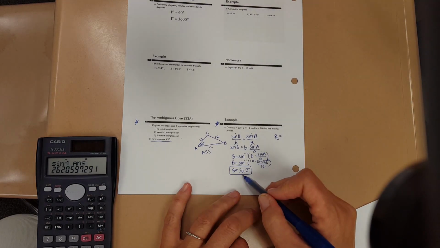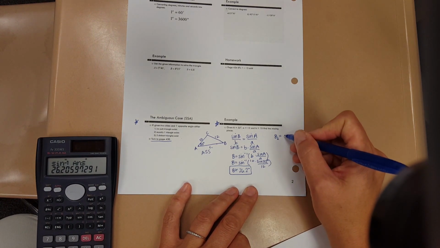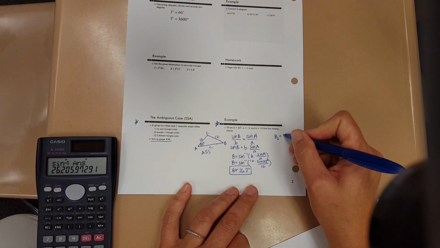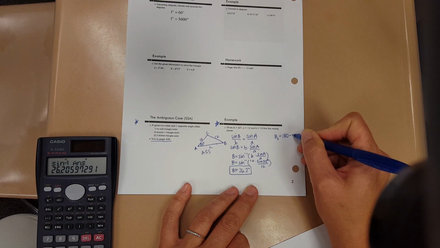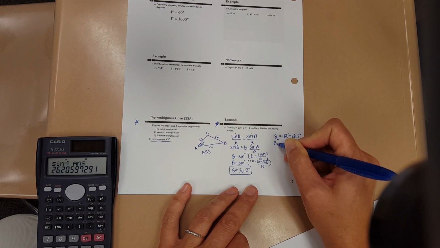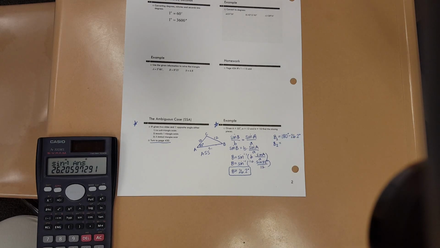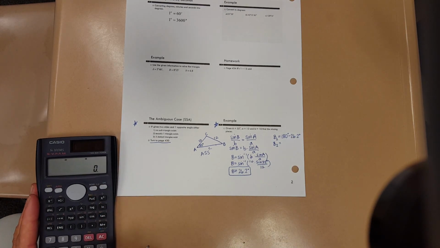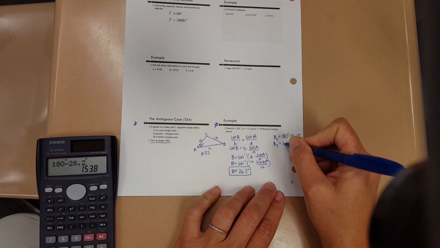So if we're given 26.2 and we want to find our other second quadrant possible answer, we're going to go 180 minus 26.2. So go ahead and do that on your calculator. And you should be getting 153.8.